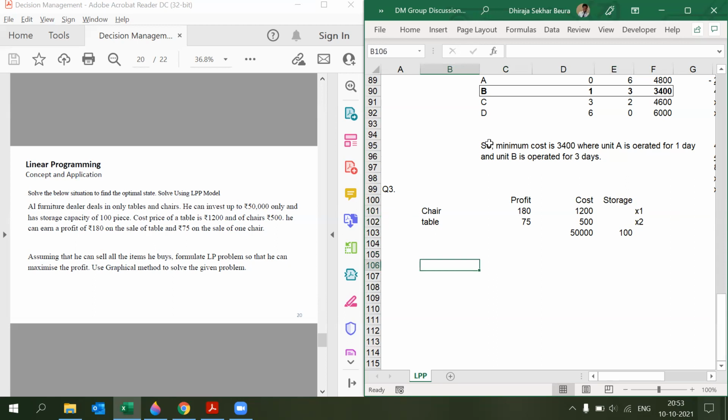Now, what is the objective function? $180x1 plus $75x2. Always say maximize, follow this practice. Maximize z is equal to 180x1 plus 75x2.